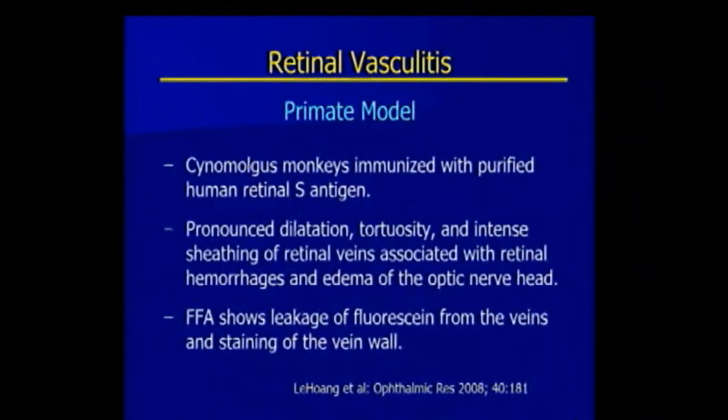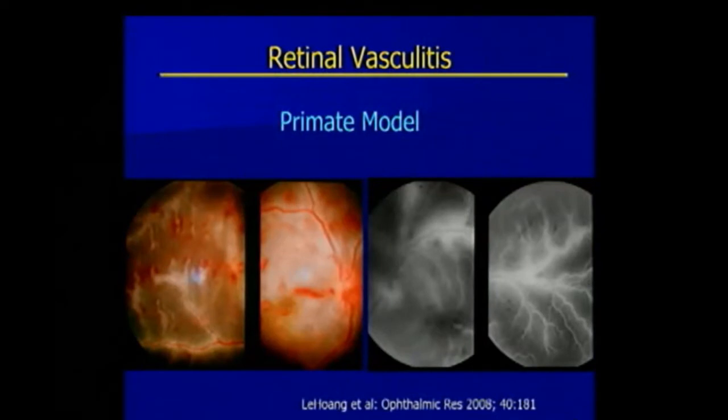There are animal models for retinal vasculitis. The monkey model that was produced by Professor Chan, he described in monkeys the development of retinal vasculitis after immunizing them with retinal S antigen. These are pictures that he was so kind to give me from his research.